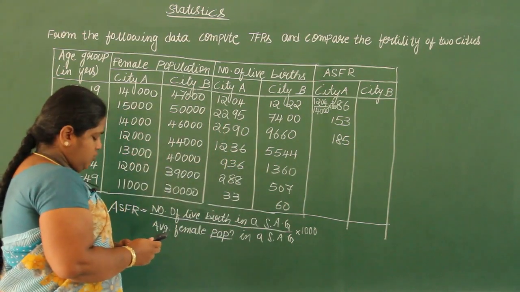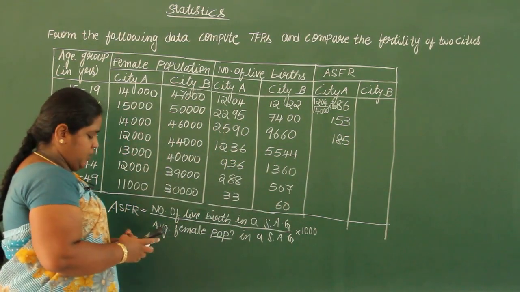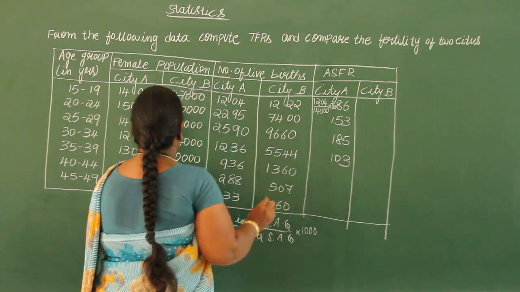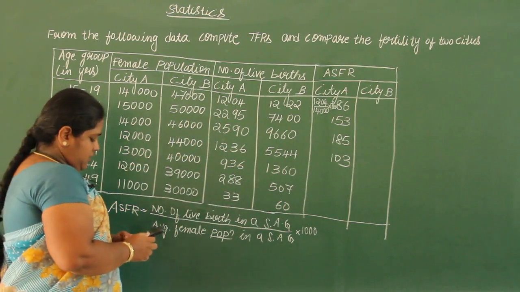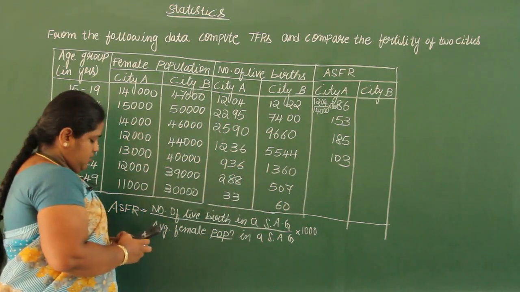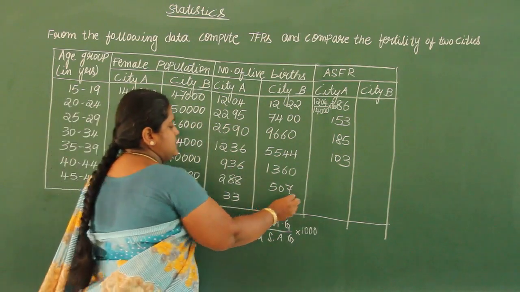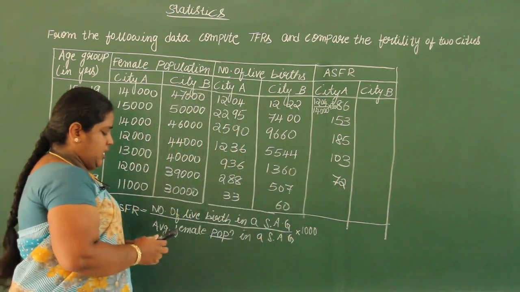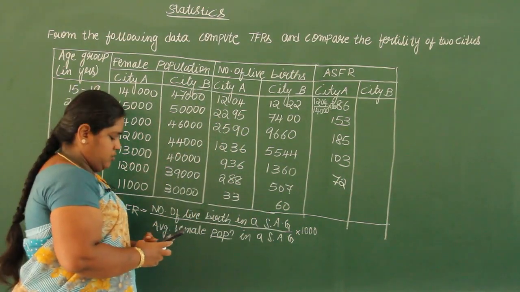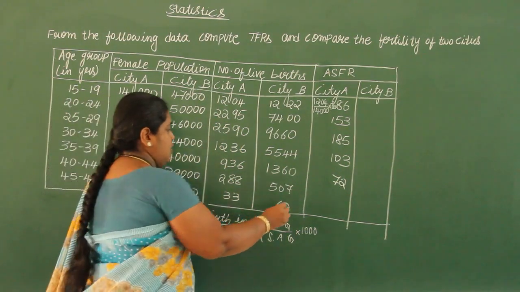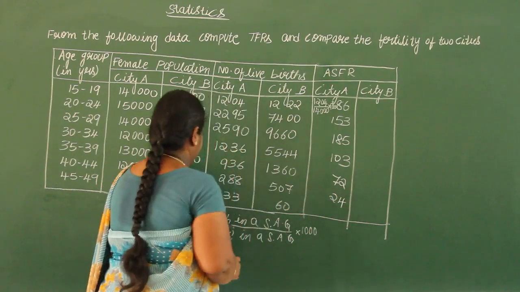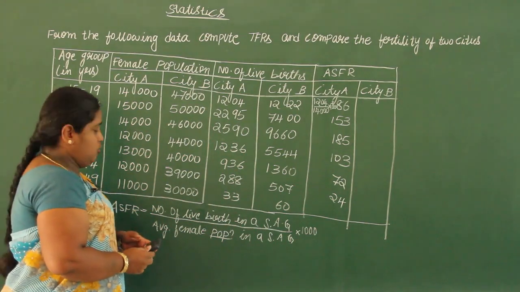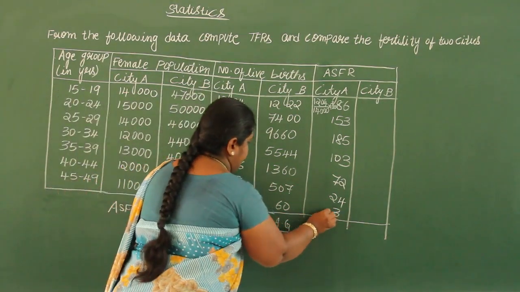Next, 1236 divided by 12,000 into 1000, it is 103. Next, 936 divided by 13,000 into 1000, 72. Next is 288 divided by 12,000 into 1000, 24. Then last one, 33 divided by 11,000 into 1000, 3.